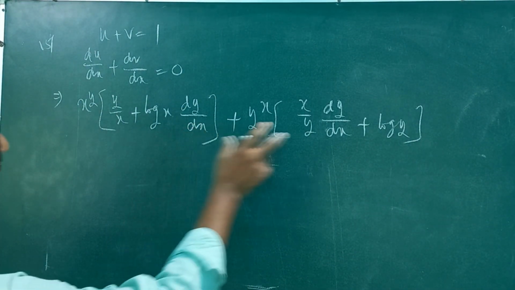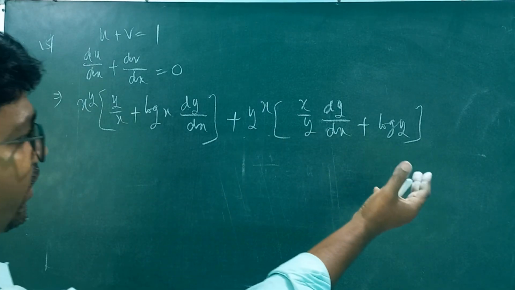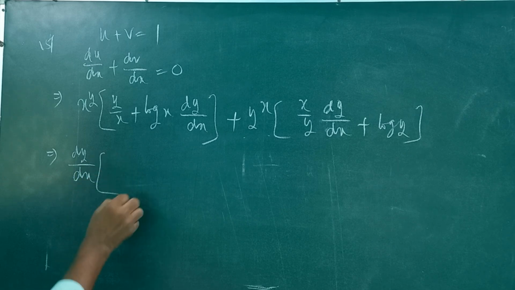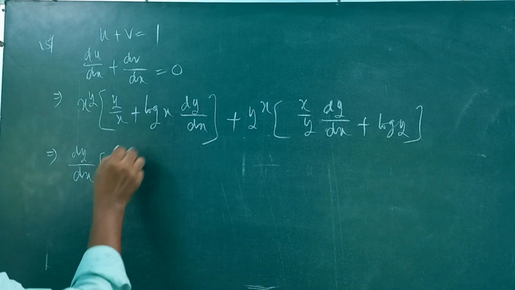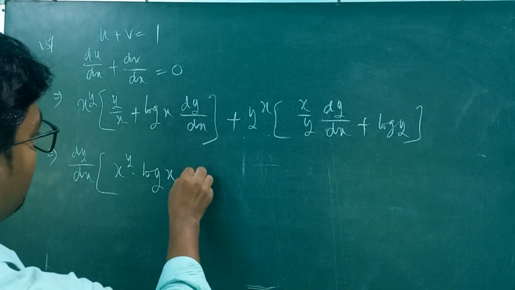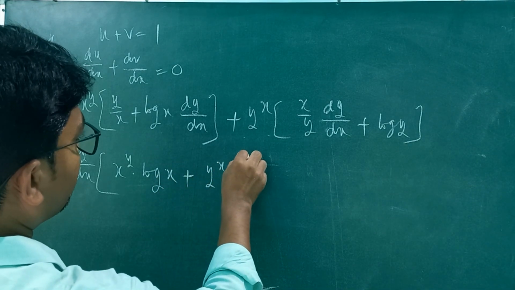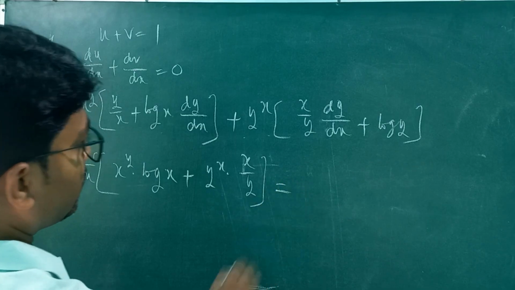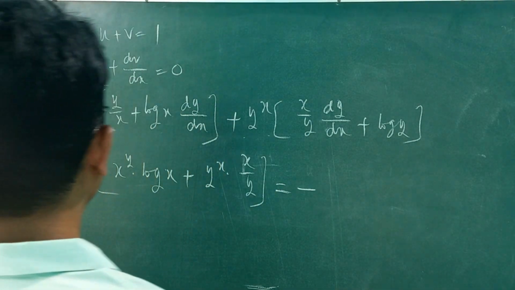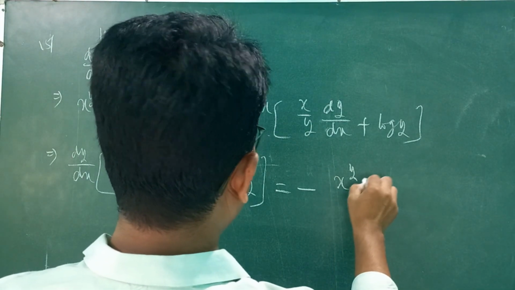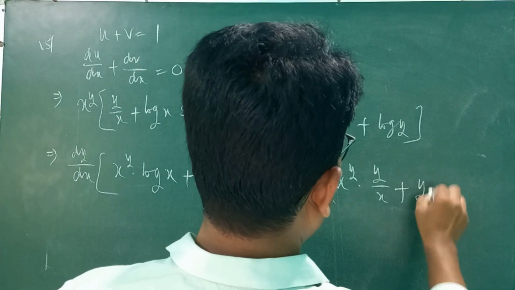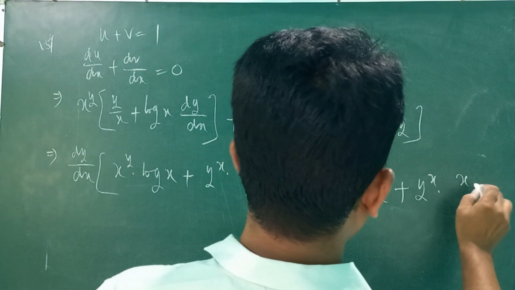Now we will take all the dy by dx terms to the left side and all the remaining terms to the right side. dy by dx times x to the power y into log x plus y to the power x into x by y equals, on the right side there is a minus sign, x to the power y, y by x, plus y to the power x log y.